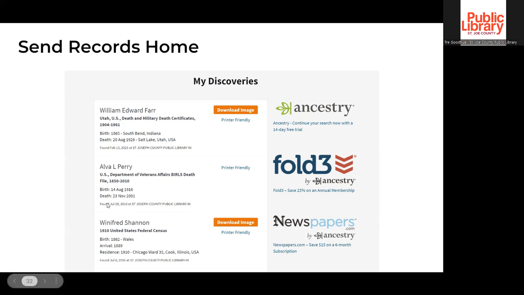Below here, that last record, that's from July 2016. That's a long time ago, but Ancestry will hold on to that for you. So you can download the image. It will bring up a download prompt. Where do you want to save it on your computer? And it's a good way if you don't want to ferry a flash drive back and forth to the library to take the records home.